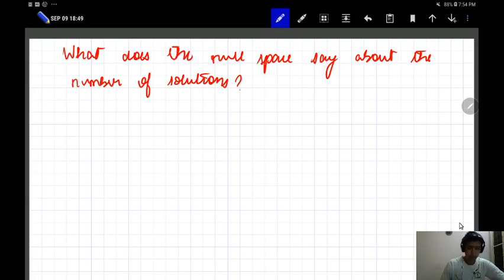If you have non-zero vectors in the null space, then suppose that A v is equal to 0 for some v not equal to 0, and suppose that there exists a solution A x equal to b.